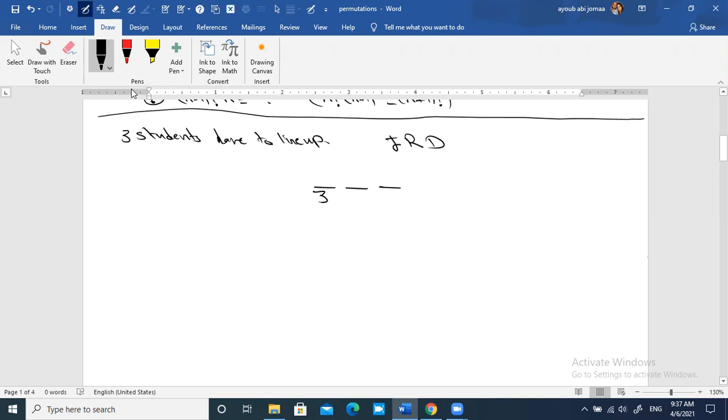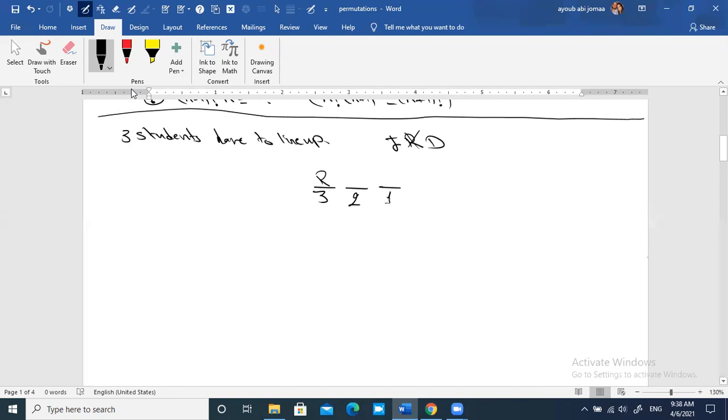And the second one? 2. Why 2? Because you have 2 choices left. Very nice. Because if you put a student here, let's say Rawad, we still have 2 choices for the second one. What about the last one?